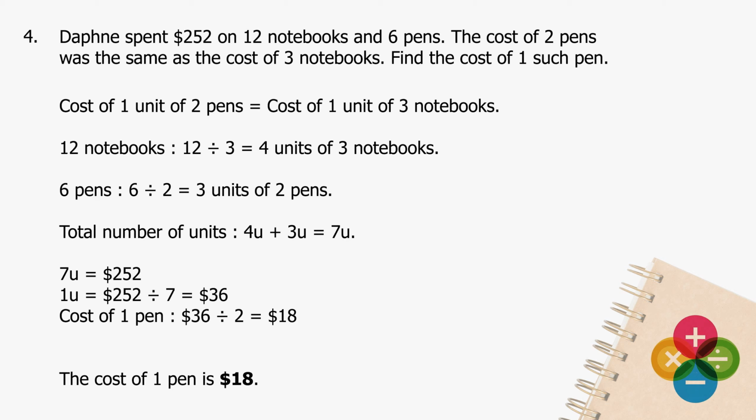The total number of units will be, add 4 units to 3 units, and the sum is 7 units. 7 units is equal to $252. 1 unit will be, divide $252 by 7, and the quotient is $36. The cost of 1 pen will be, divide $36 by 2, and the quotient is $18. The cost of 1 pen is $18.